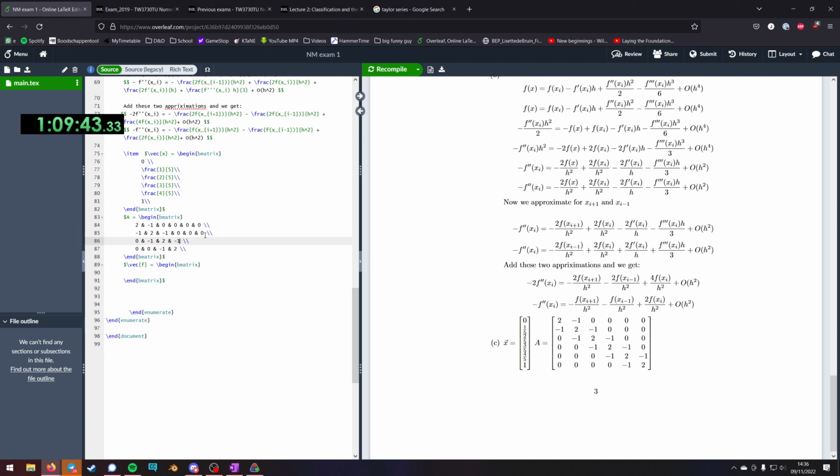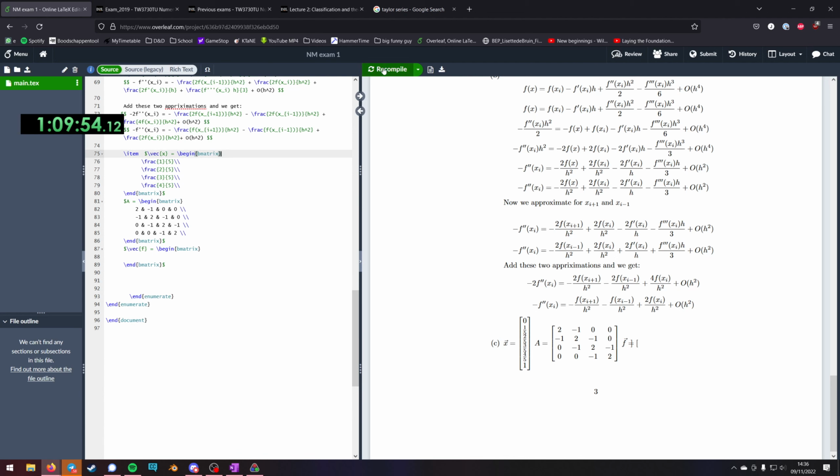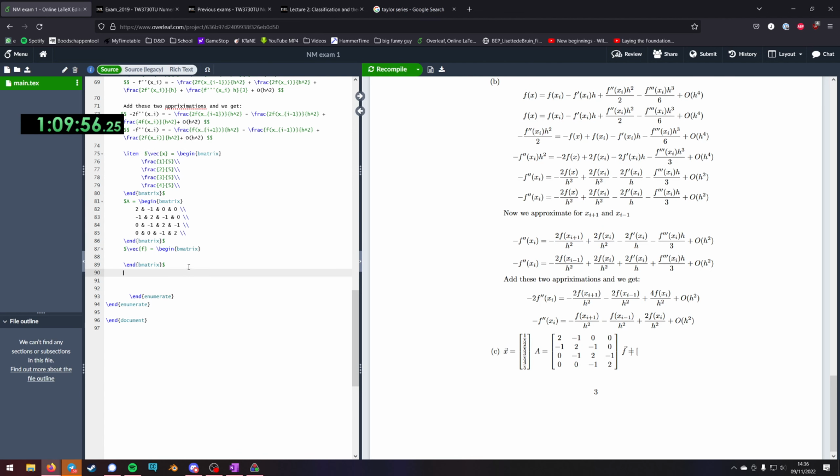So 1, 2, 1, 2, 1, 2, 1, 2. So this becomes our smaller matrix, and this becomes this, and our vector f becomes f. I'm going to call it f1 because it's not f0. And then this thing needs to be added, which is 0 times 1.